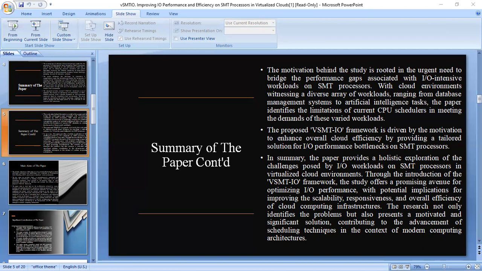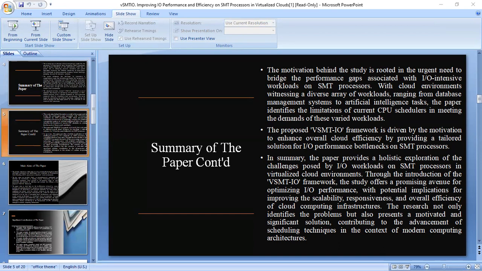The paper seeks to comprehensively understand and articulate the bottlenecks present in the current CPU scheduling techniques when applied to I/O-intensive tasks on SMT processors. It aims to shed light on inefficiency caused by context switches and spinning during I/O operations, which impede optimal CPU and I/O throughputs.